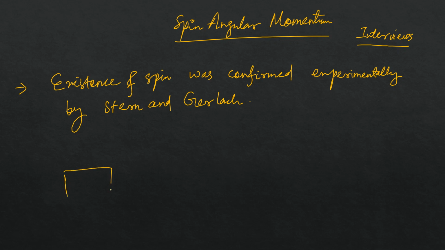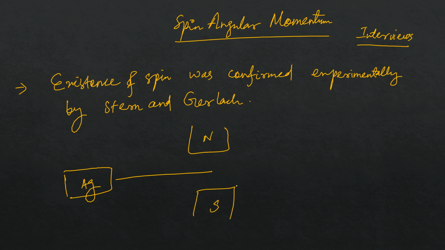So what happened? This is silver. This is the north pole, this is the south pole, and a ray passed through it. It was observed that one part was spin up, and the other part was spin down.